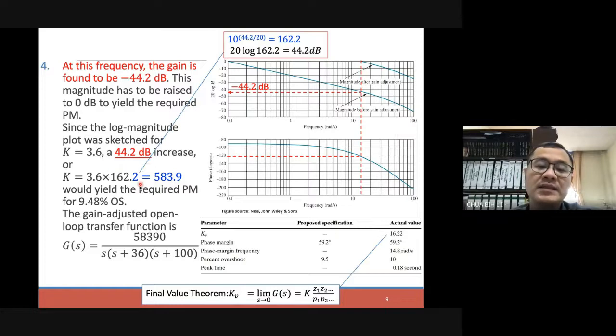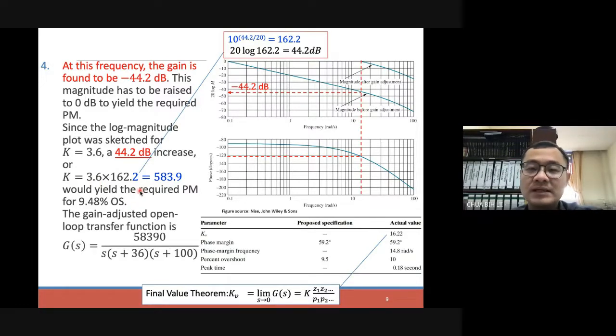Once we get this 162.2, we multiply by the initial K and we get 583.4. So this would be the gain that would shift this particular point to this new line. This is how we can estimate, or design, the K value. Once we get this K value, we are almost there.